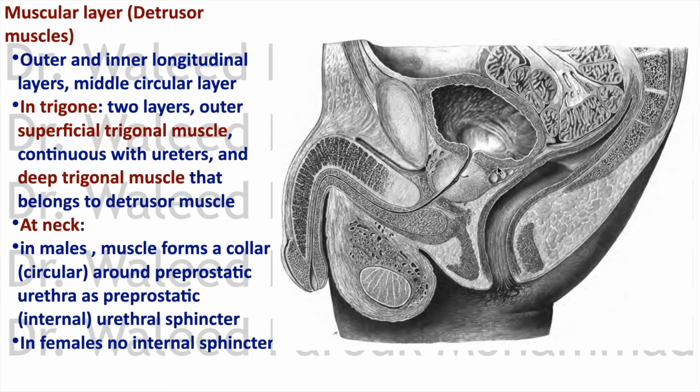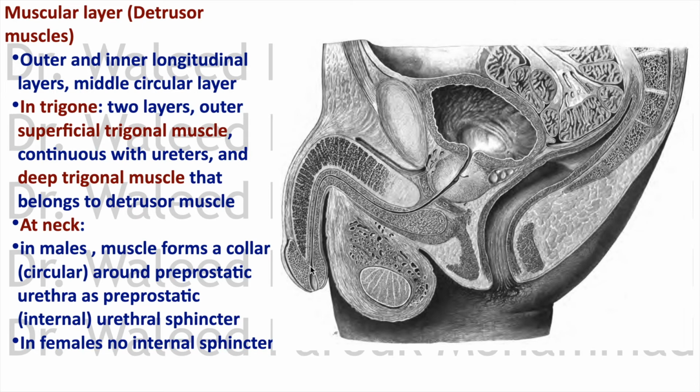In males, the muscle thickens around what's so-called the pre-prostatic urethra. Only this part. See parts of the urethra. This is the pre-prostatic, this is the prostatic, this is the membranous urethra, and this is the penile urethra.